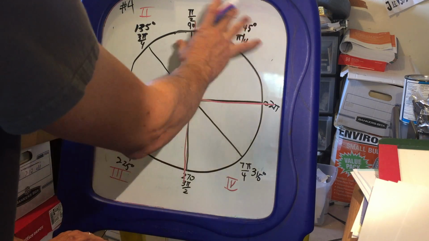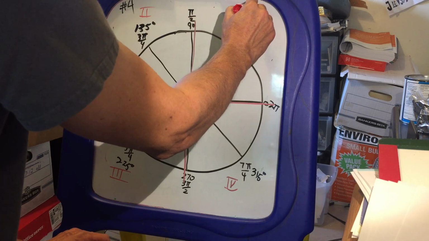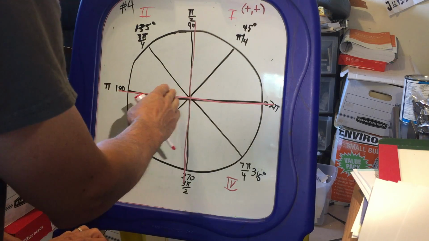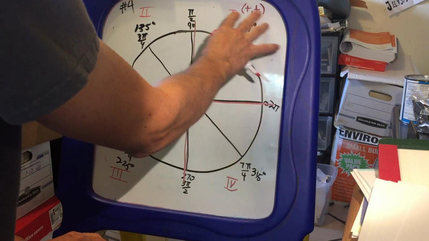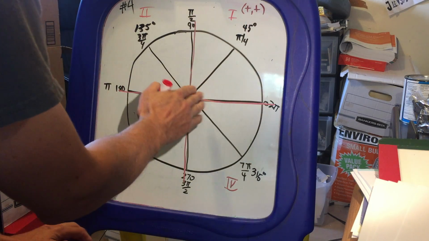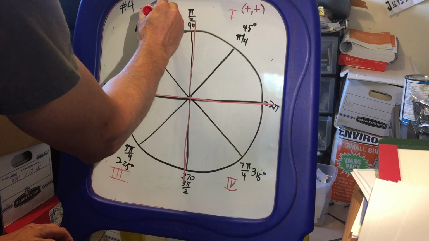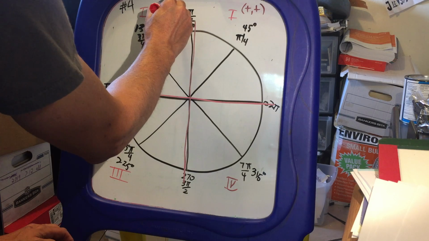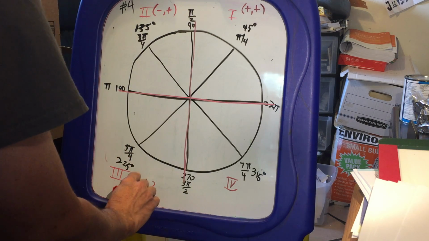We know that coordinates in this quadrant are positive on both sides. So anything that would be positive, positive something, your coordinate would be in this quarter of the circle. If the x was negative and the y was positive, we would have a coordinate in this part of the circle. Both of the values in the coordinate would be negative here.